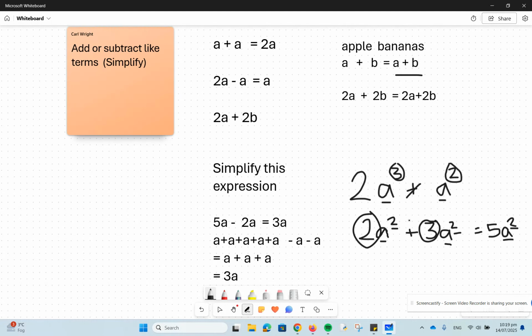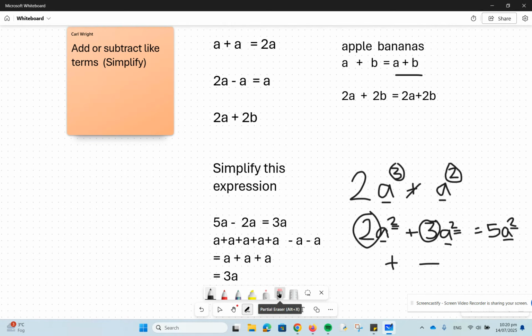The power, remember, is never changing when you're adding or subtracting. The only thing that's changing is the number in front, called the coefficient. You always end up with an a squared if you're adding a squareds together.